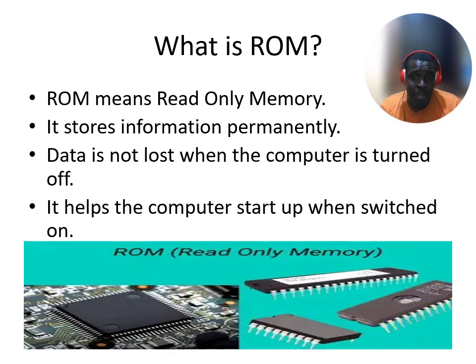But the RAM is not really fixed. It contains ports which can be replaced. You can get a new RAM and put it in, but the ROM is mostly fixed on the motherboard. So trying to pick out the ROM means you're just damaging your motherboard. That's why we say it stores information permanently. It's permanent. So let's look at some other features.